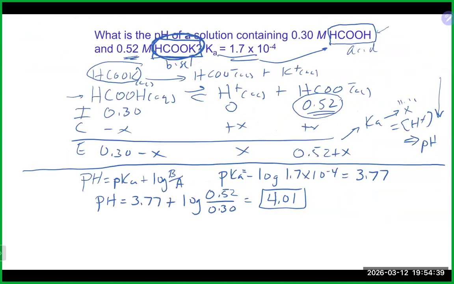Now, what will happen if we took these same guys and added them to a buffer situation? So I'm going to use the HF and sodium fluoride buffer because frankly, I don't want to write acetic acid all these times, like all the books use. So we're going to use HF and sodium fluoride in this case.